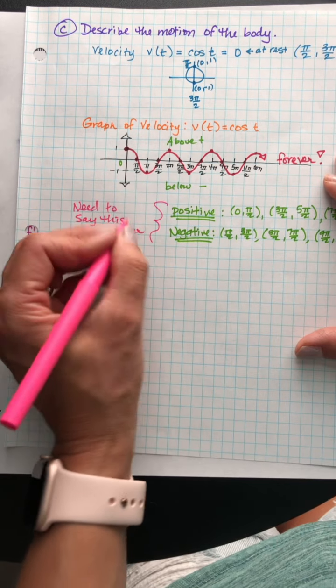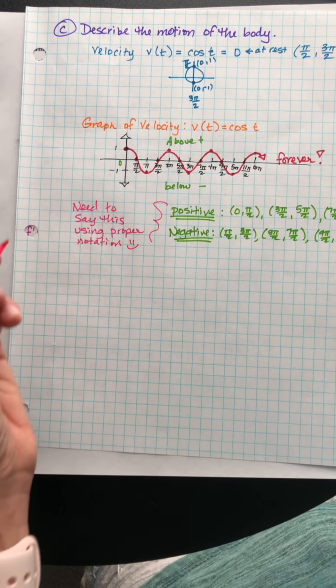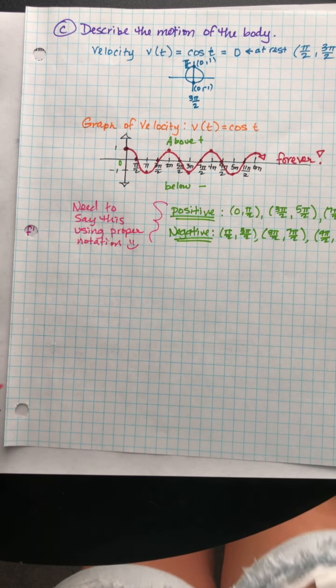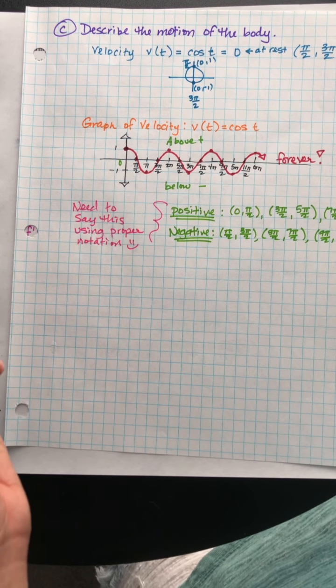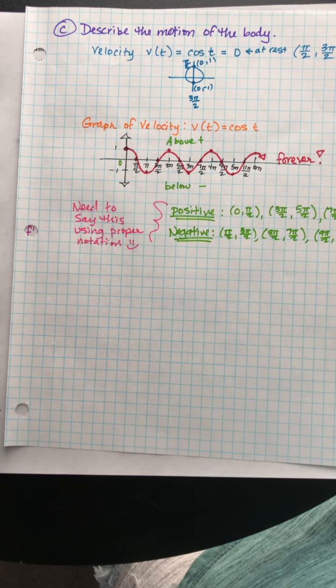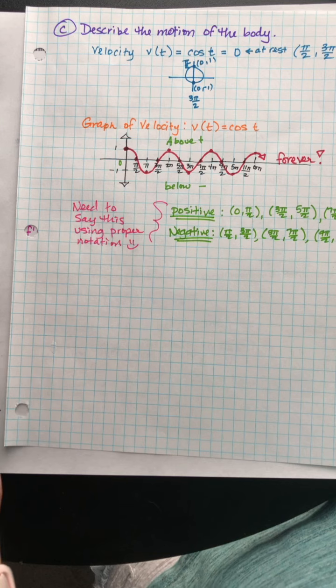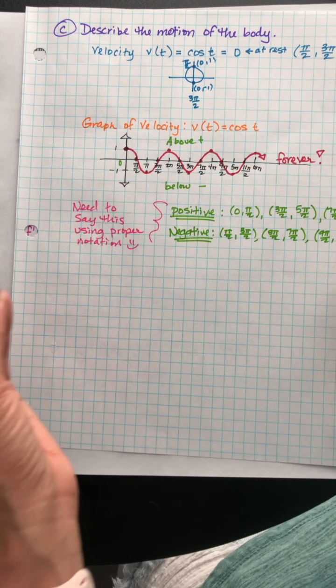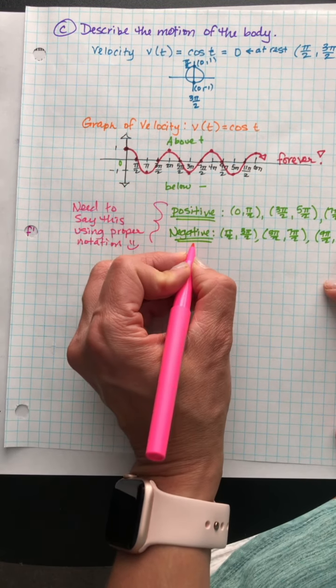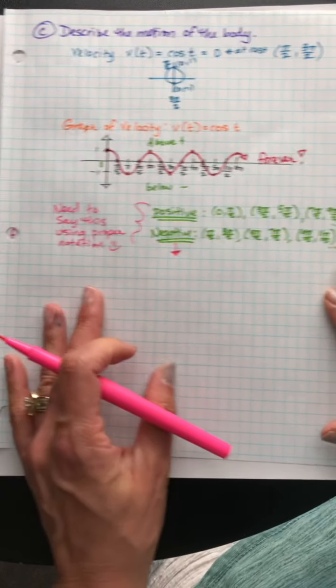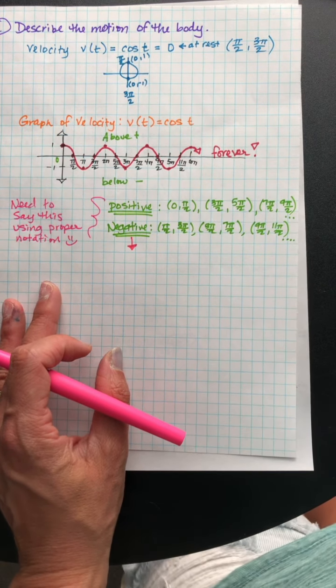And what I mean by that is in calculus, sometimes it gets a little tricky, but in calculus, you're like a true mathematician, and you have to state things in a very general but mathematical way. Okay. So let's focus on the negatives first. How can we write this in general so that it works for all?